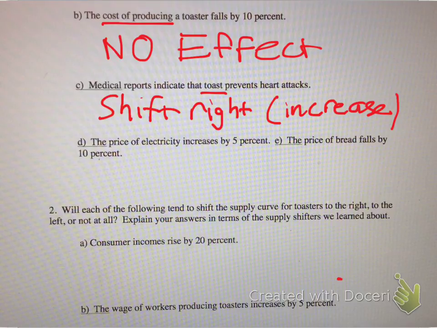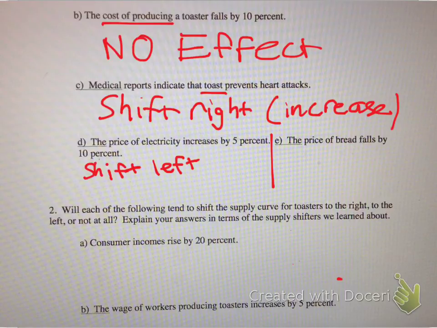What if the price of electricity increases by 5%? That means the demand would shift to the left, because if it costs more to use the toaster, then there's going to be less demand for toasters.